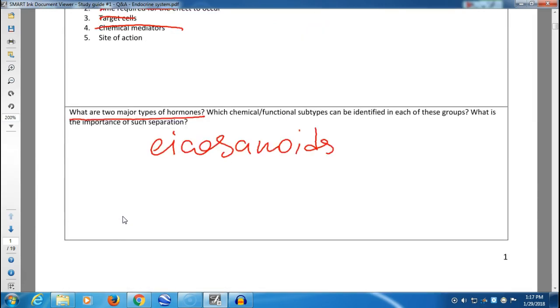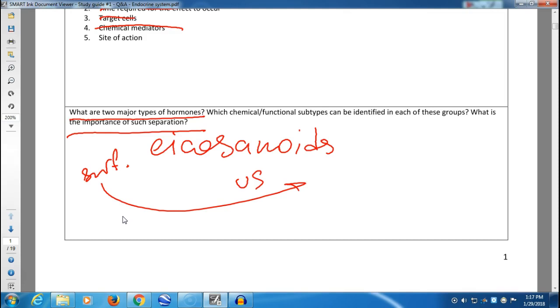So, the importance is that water soluble are going to have receptor on the surface, right? Versus lipid soluble hormones that are going to have receptor in the cell. Does that make sense?